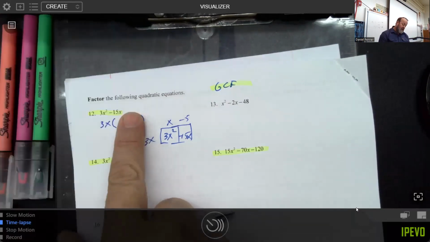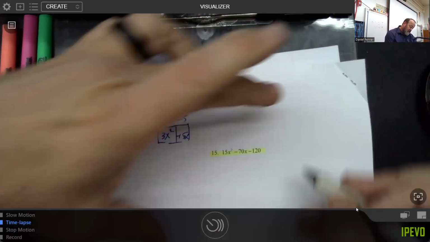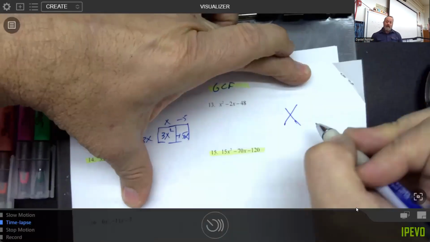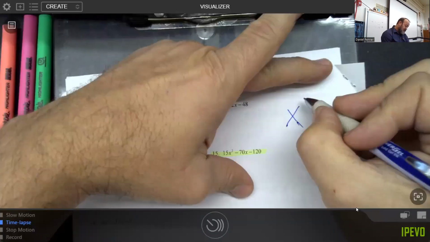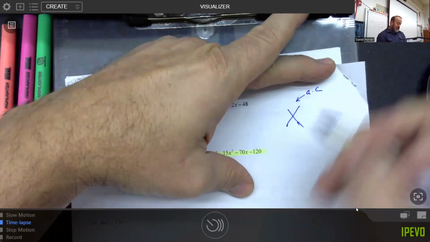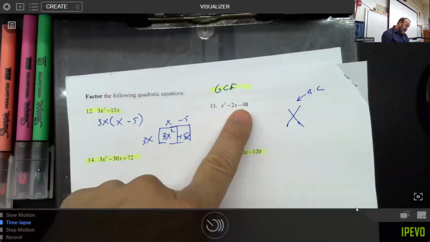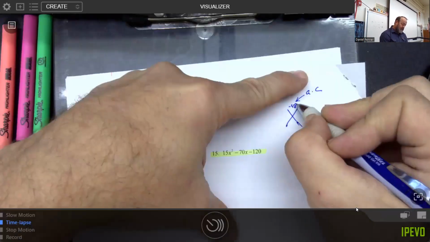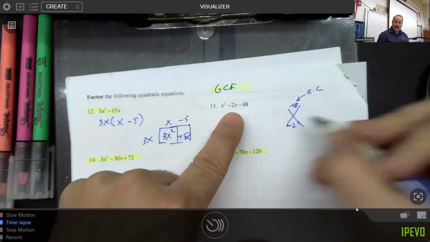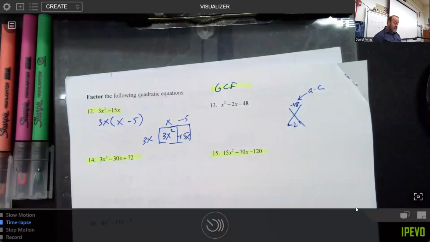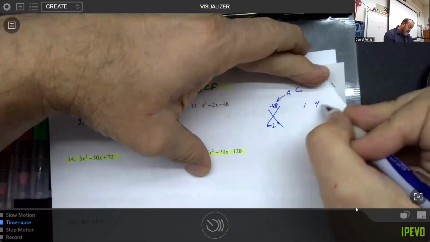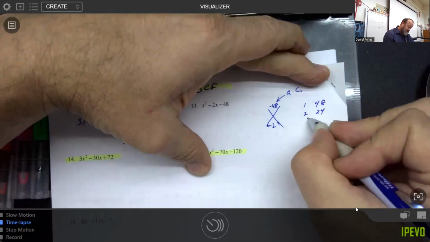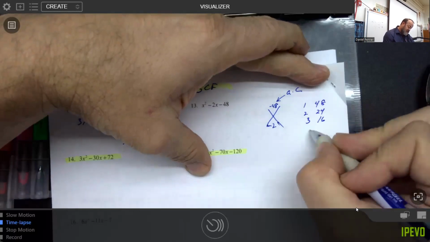That's what we're trying to do: get each of these pieces to look like little pieces of lines. Now, the second question, number 13, is a little harder. I know not all of the teachers are using the little diamond thing, but my classes are. What I always put on the top piece is the product of A and C, so 1 times negative 48 is negative 48. And I put the negative 2 down here. I need to come up with two numbers whose product is 48, like 1 and 48, 2 and 24, 3 and 16, 4 and 12, or 6 and 8.